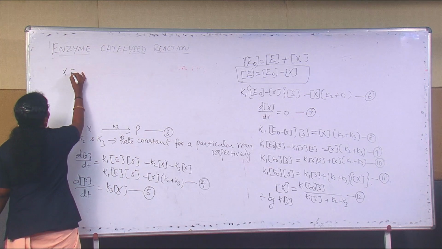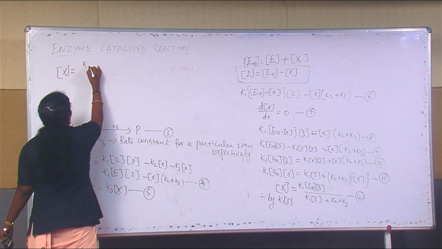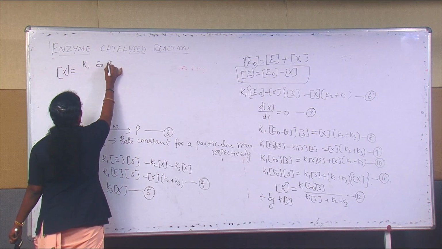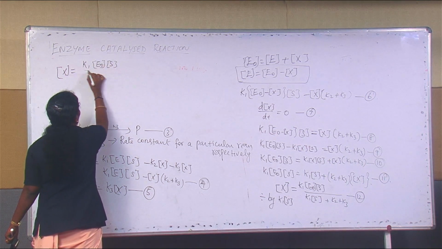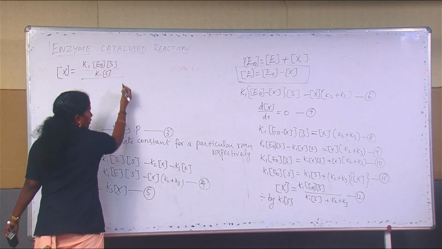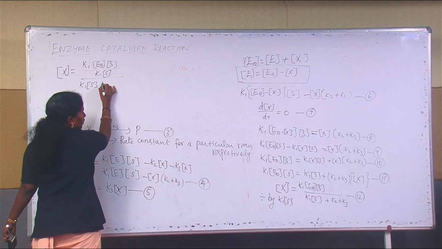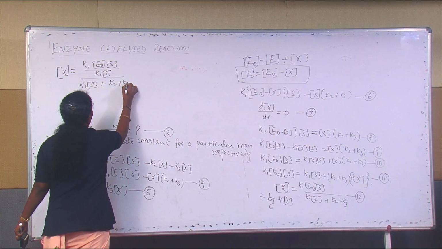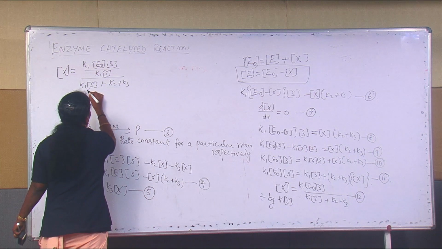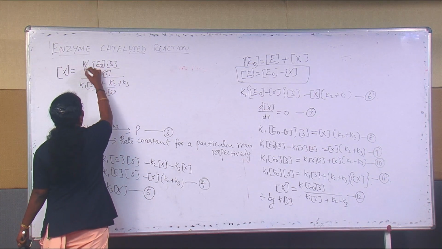So X equal to K1 E0 S divided by K1S plus K2 plus K3 by K1S. So both numerator and denominator divided by K1S.